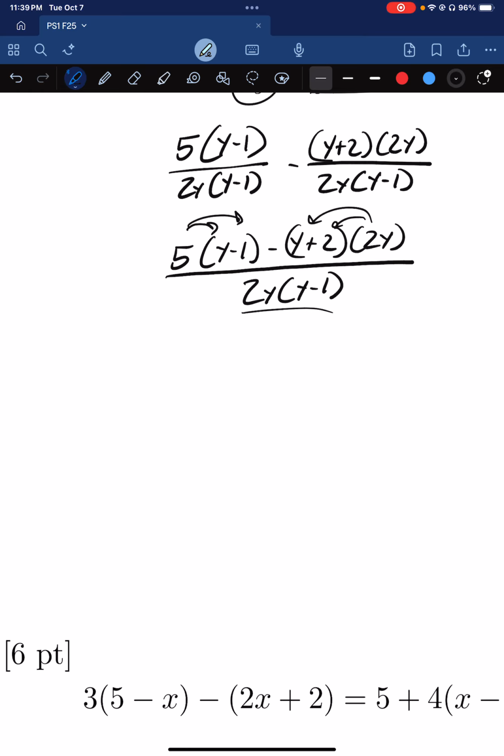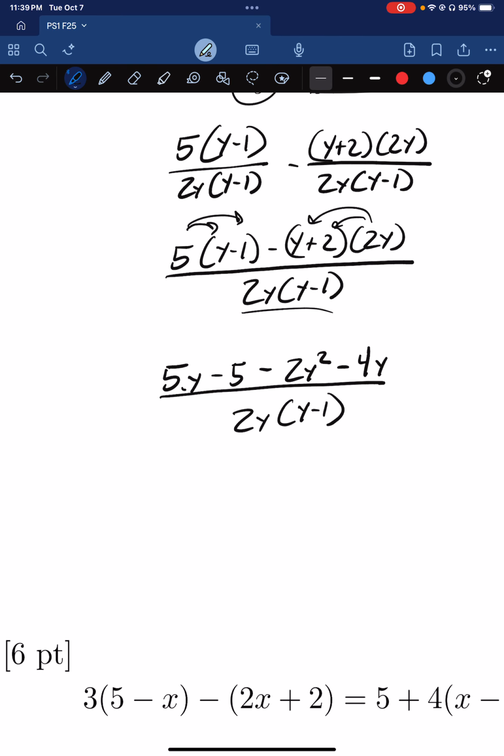I actually like the denominator like that, so I'm going to leave it. So we get 5y, 5 times y, minus 5 times negative 1, minus 2y times y is 2y squared, and then minus 2y times 2 is 4y, all over 2y times y minus 1.